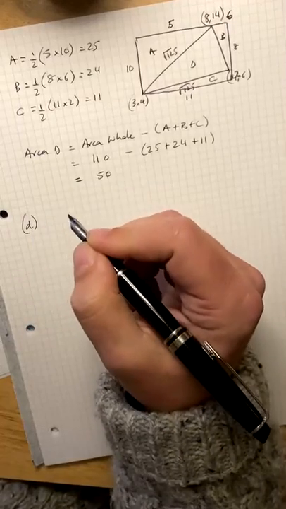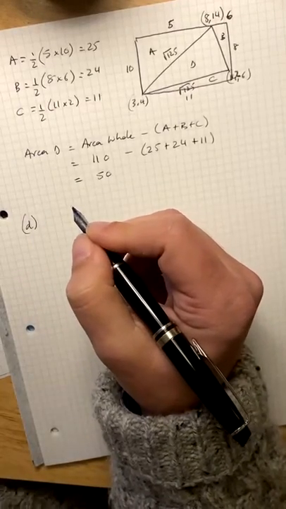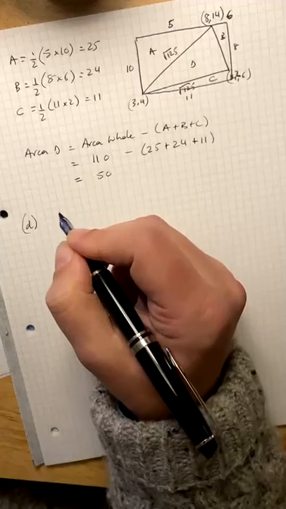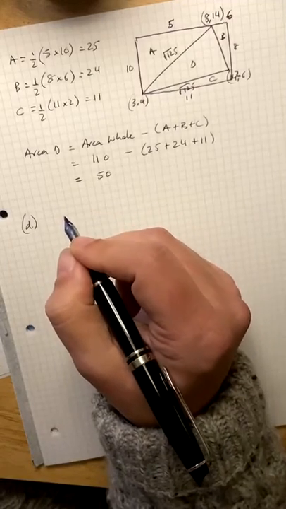Question D. So give calculations to show that ABD is a right-angled triangle.